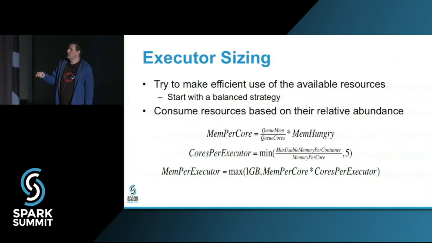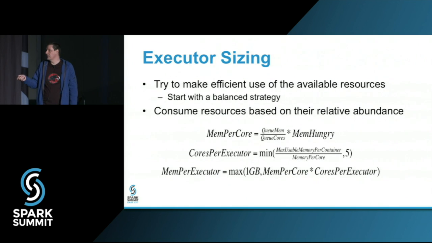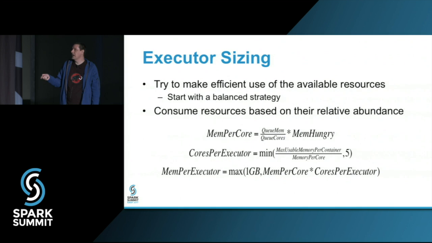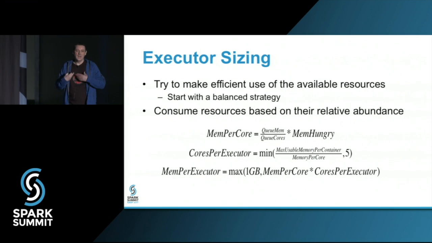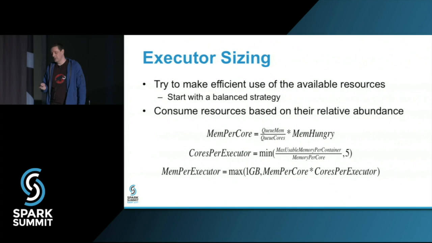Once we have that number, we can think about how many cores we can support per executor. Here we look at the maximum memory that we can have in a Yarn container, subtracting out all those overheads we talked about at the start, and divide by the memory per core. That gives us an estimate for the number of cores that we want to associate with an executor.